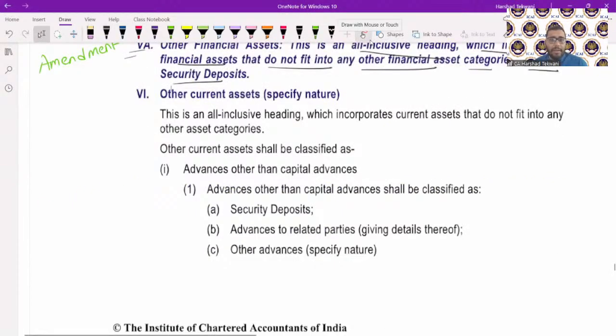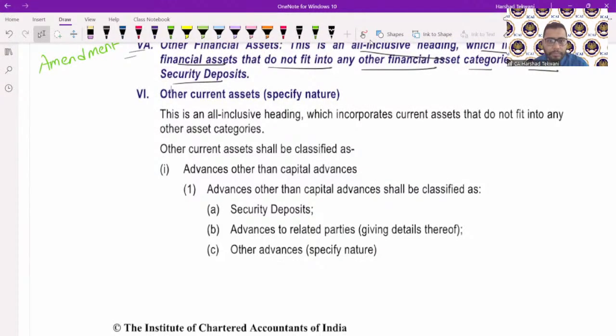Again, it's a big heading. If an item is not fitting into any of the previous categories, then it will fall under the category of other current asset.